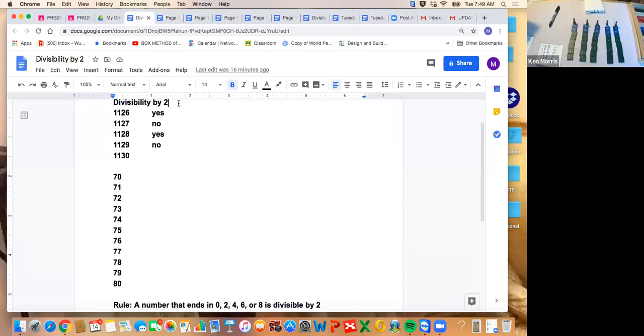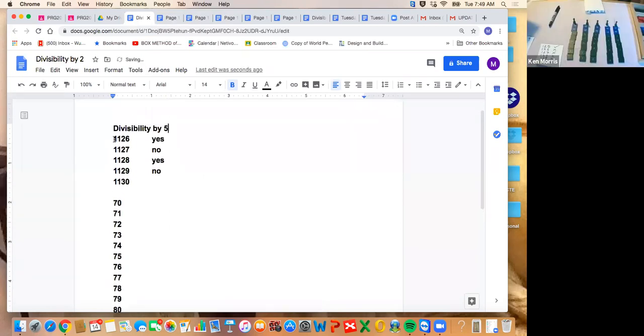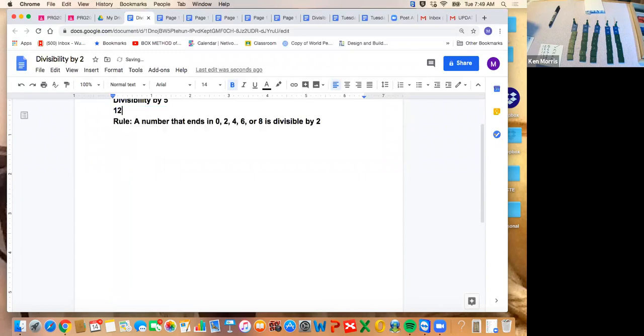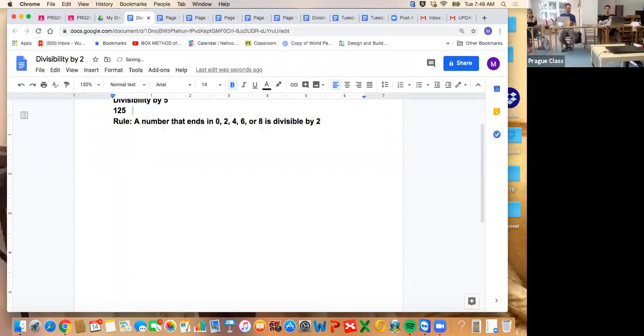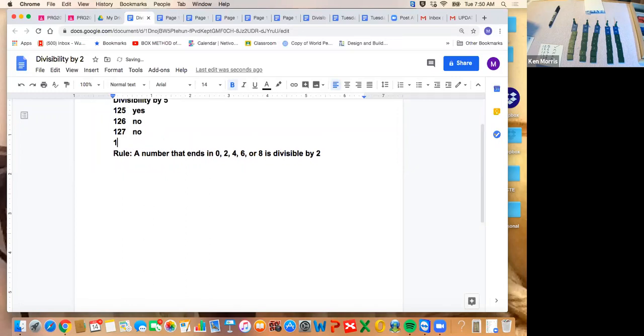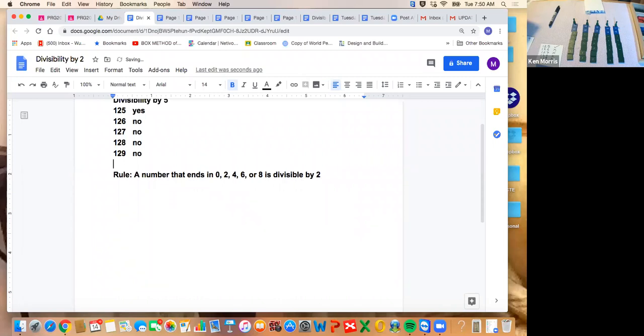So I don't seem to have one for 5. I'm just going to create it. Divisibility by 5. And what we looked at was 125, and we said that that was a yes. 126, we said that was a no. 127 was a no. 128 was a no. 129 was a no. And of course, 130 was the next number.